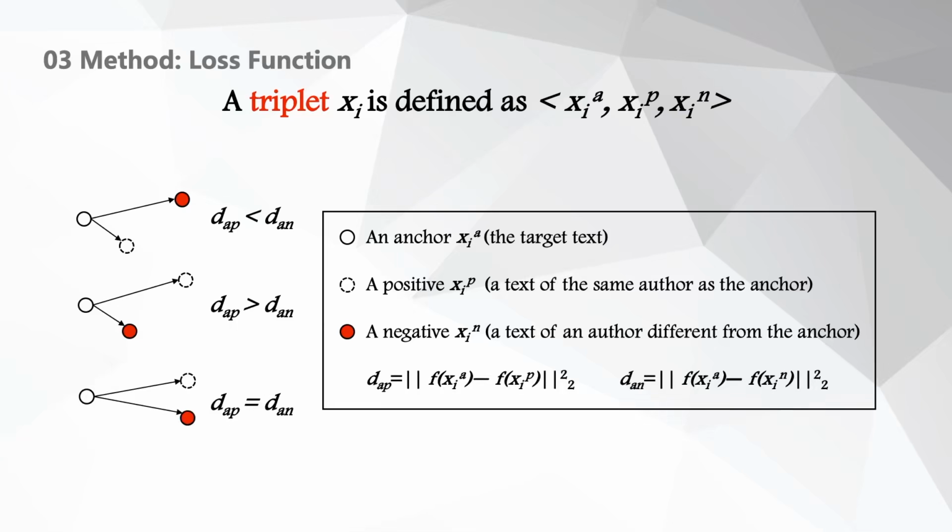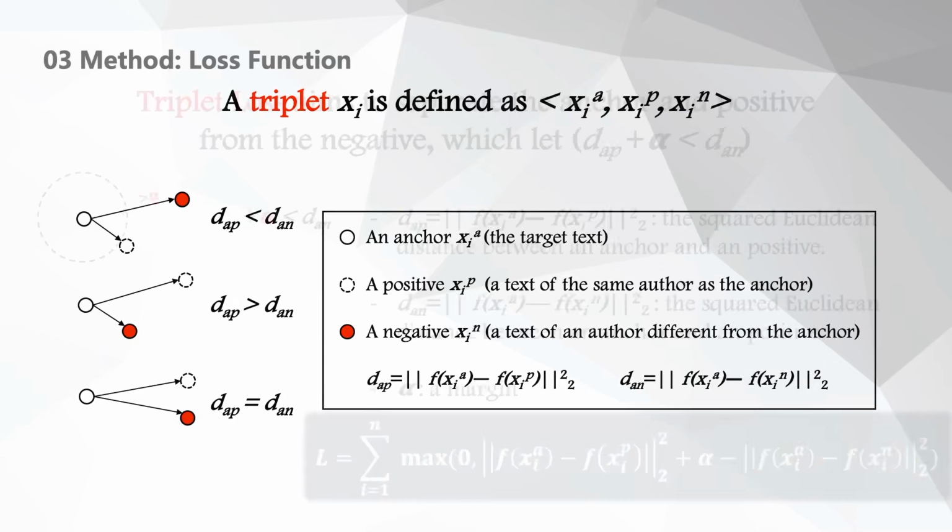The articles from the same author have shorter distance. The second one is when negative is closer to the anchor than positive. We don't want to see that. The third one is when positive and negative are equally far from the anchor. We don't want to see that either.